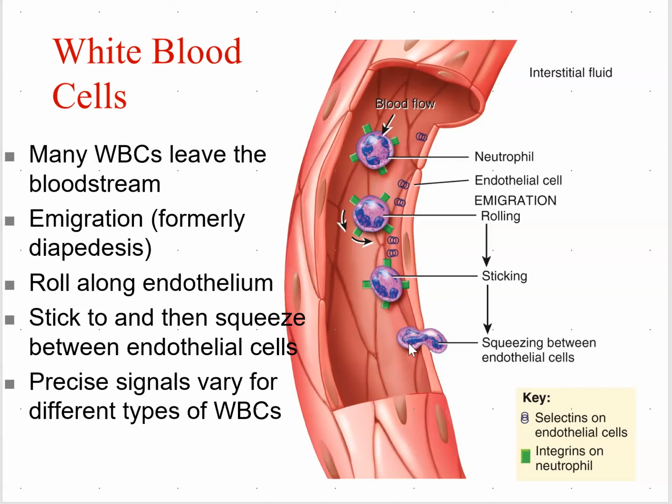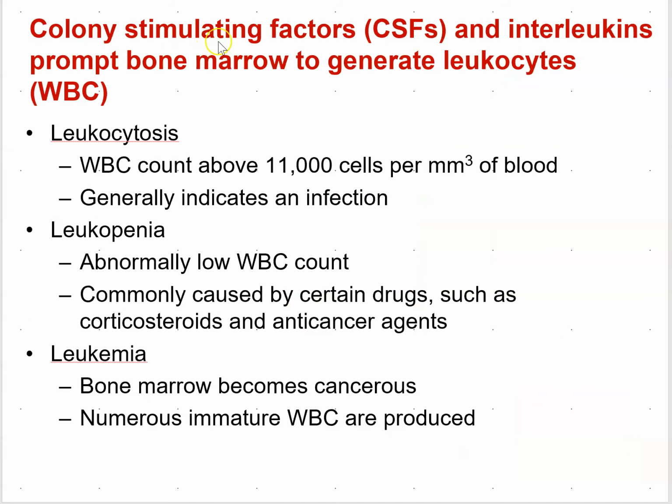The eosinophils and neutrophils release chemicals that break apart pathogens. So this is a very special characteristic which we call diapedesis or emigration. Certain factors known as colony stimulating factor and interleukins prompt bone marrow to generate white blood cells when needed.